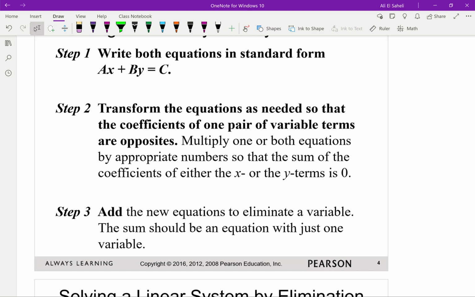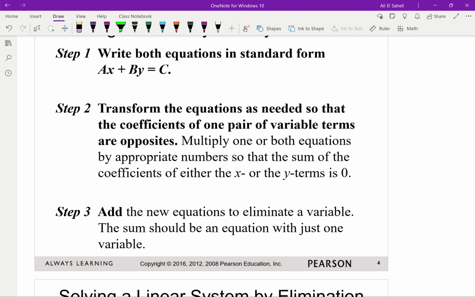So now this is the procedure. Write both equations in standard form. First, transform the equations as needed so that the coefficients of one pair of variable terms are opposites. Multiply one or both equations by appropriate numbers so that the sum of the coefficients of either the x or the y terms is 0. Add the new equations to eliminate a variable.